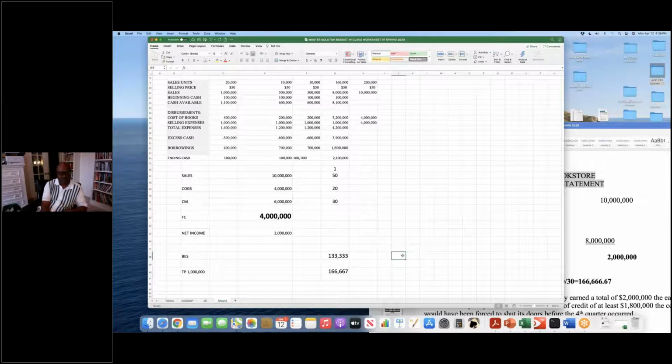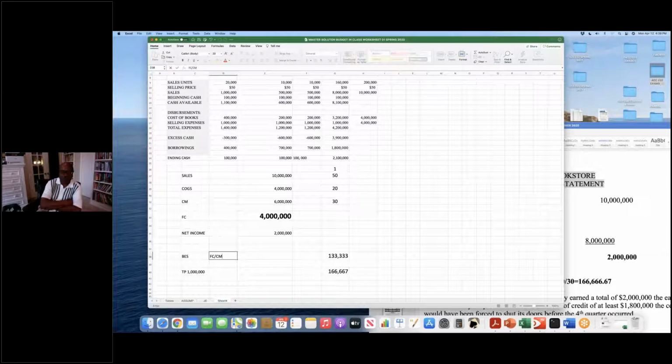And the target profit formula is the fixed cost plus the target profit, and the number for that was 1 million. So you do 4 million plus 1 million, which gives you 5 million. Then you take 5 million and divide it by the contribution margin, and you'll end up with that number.